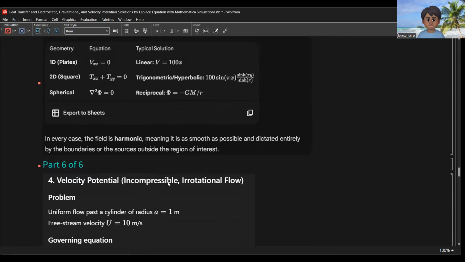So in every case, the field is harmonic, meaning it is as smooth as possible and dictated entirely by the boundaries or the source outside the region of interest.